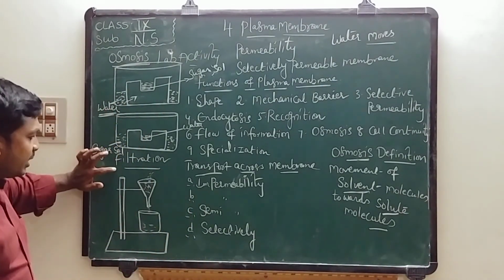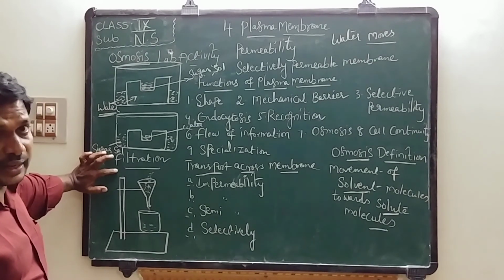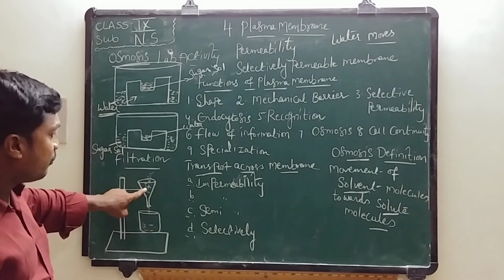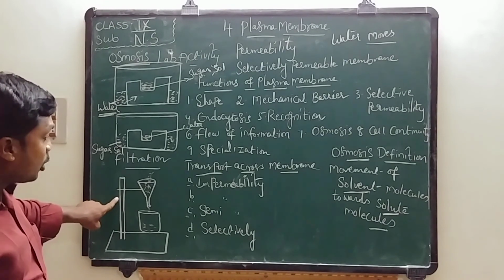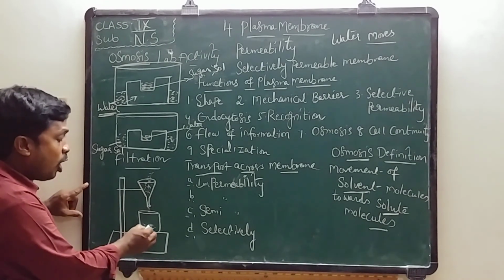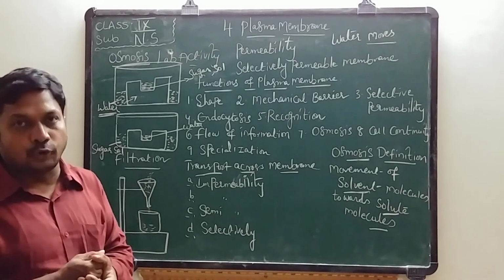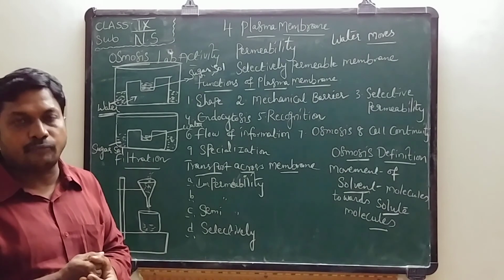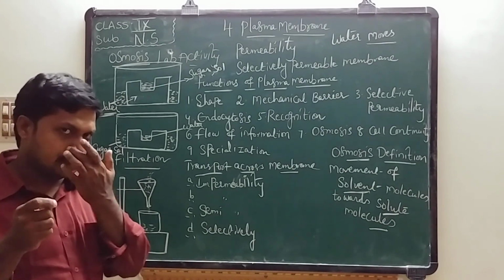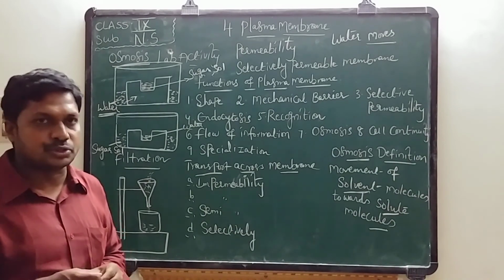Next activity, filtration. For this you require some materials. What are those materials? A funnel, retort stand, beaker, water, and rice or wheat flour, and iodine solution. This is available in medical shops, tincture iodine solution.